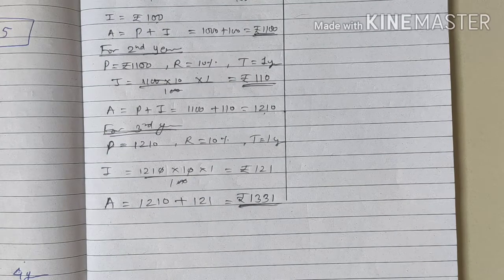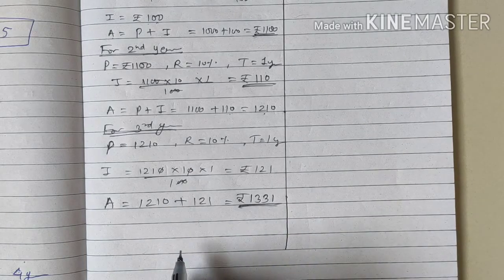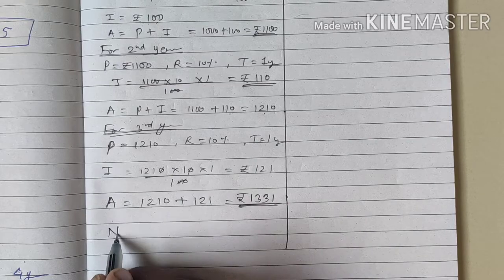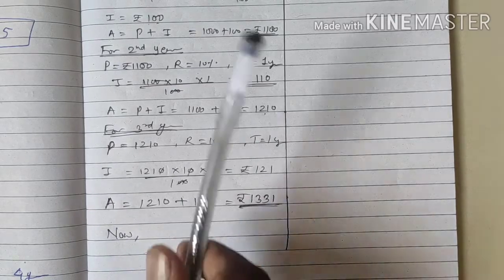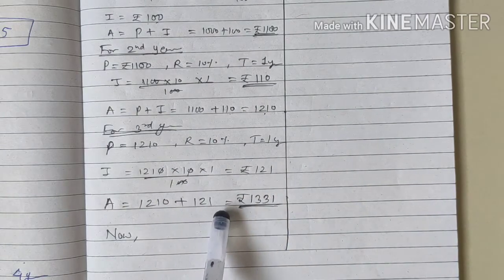Then to calculate the total compound interest: these are the simple interests for the first year, second year and third year.